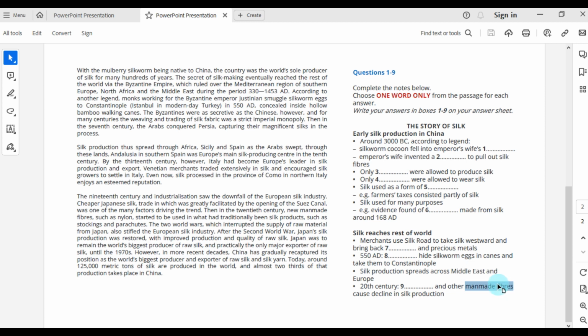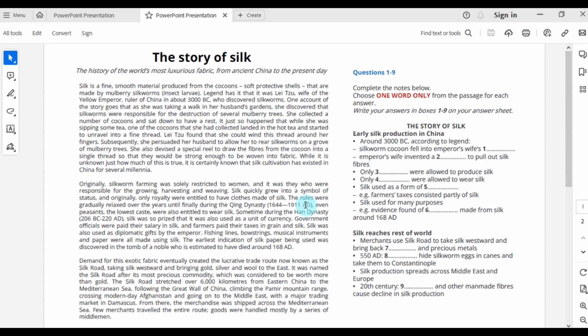This is a common phrase, and if you watch for it, you can find fiber in the passage. So in this way you can tackle it, and know about the keywords, how they can differ, and how you will locate them. That's all about it.